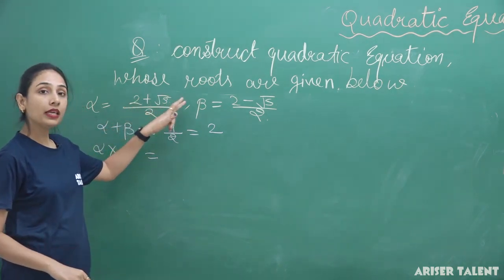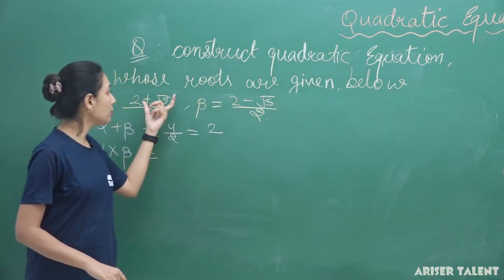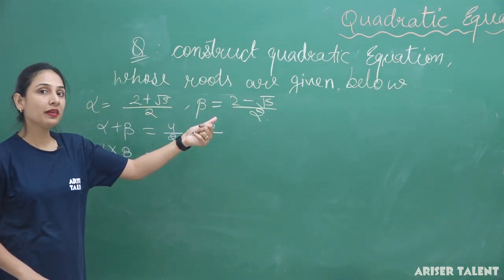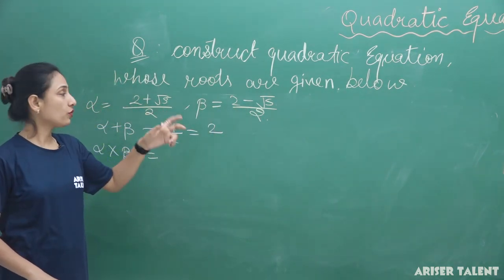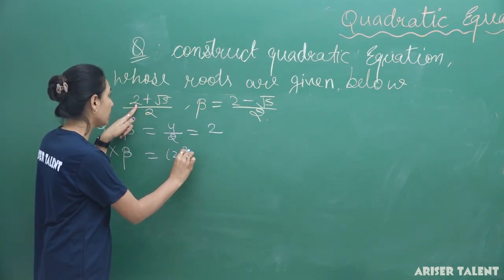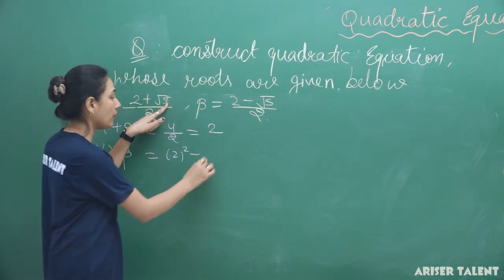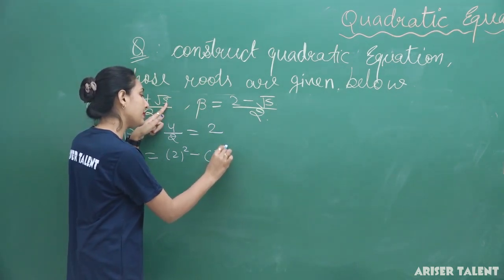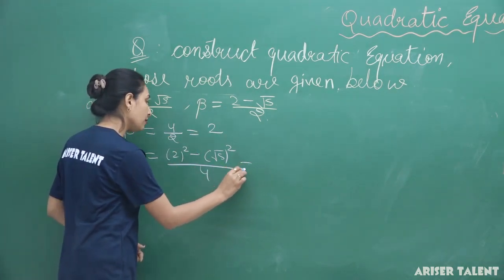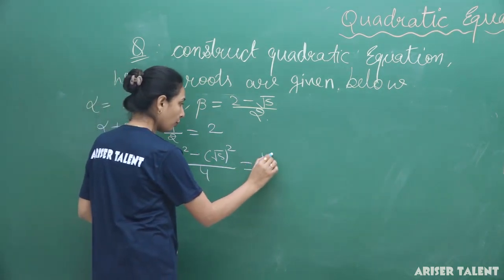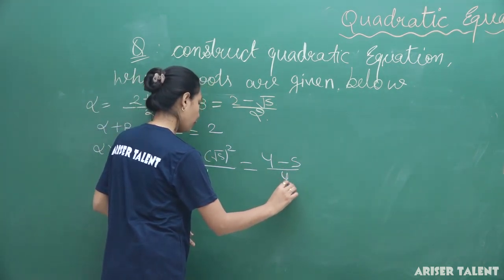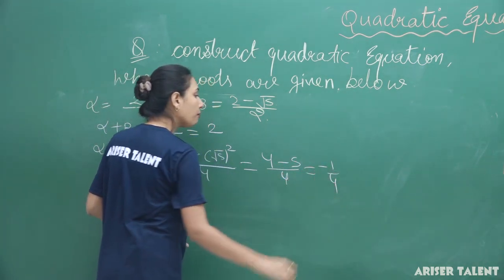These two terms will be multiplied and this is a plus b, a minus b format. So we will get a square minus b square. Now a is what? 2. So 2 square minus b square. Root 5 square is what? Simply 5 upon 2 multiplied by 2 is 4. So that will be 4 minus 5 by 4, that will be minus 1 by 4.